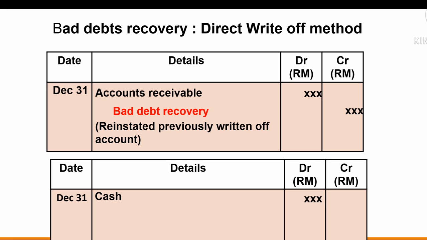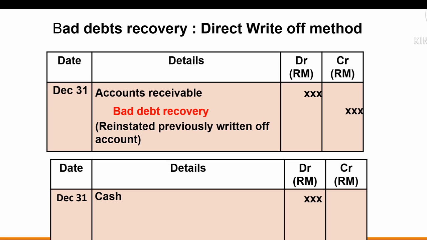Or, in other words, we have to reopen the account receivable that we have written off in the previous year or previous month. And the bad debt recovery is on the credit side because that one is revenue, or other revenue, in the statement of income.